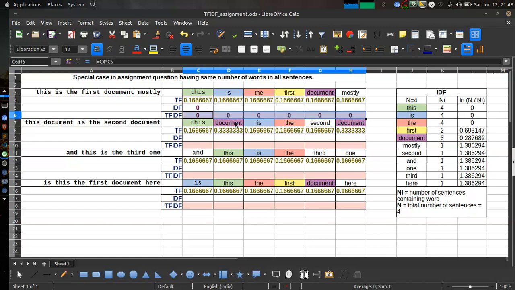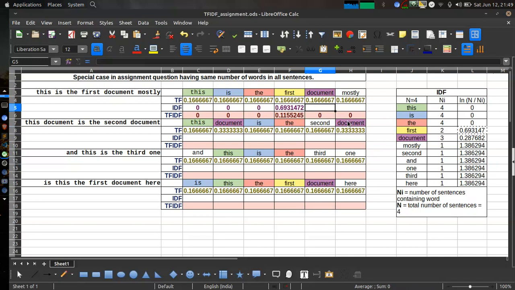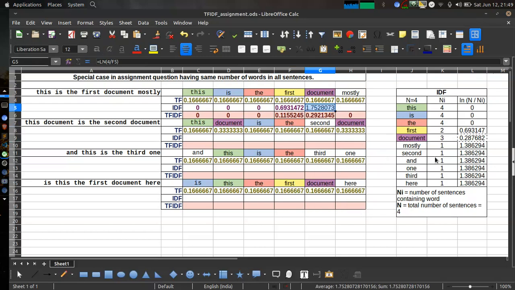Let me take this thing. Okay, so what is the idf for "is"? It's again 0. What is the idf for "first"? It is 0.69. Paste the text or just the value number? Yes. Okay, so what is the frequency for the document? This thing, right? If I paste directly, it is taking the formula.